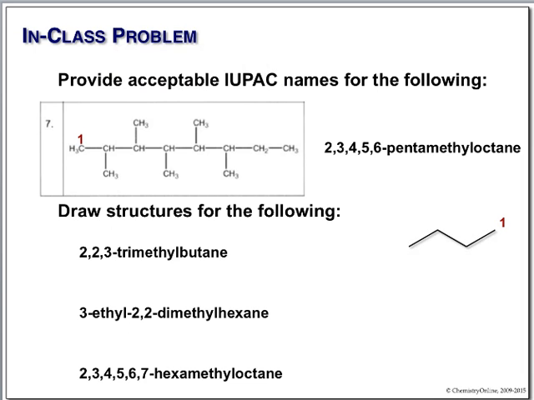Here is our butane, right? We've defined carbon number 1. In carbons 2, 2, and 3, we have methyl groups.